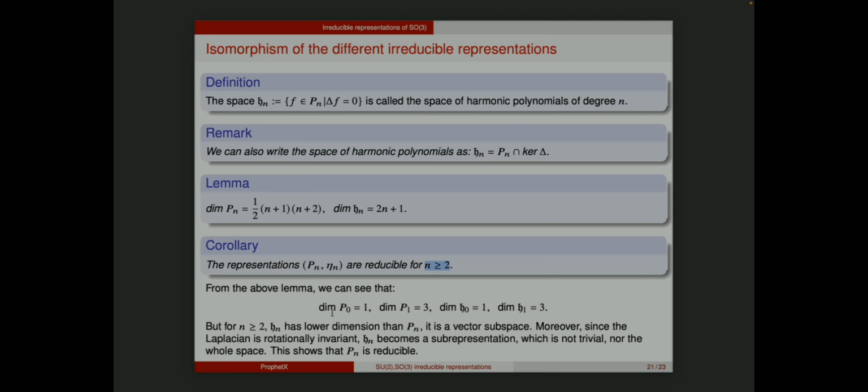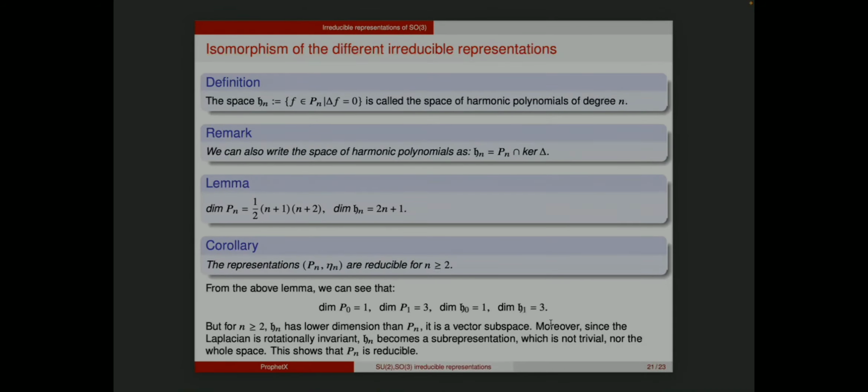So from this lemma, we have that the dimension of P0 is 1 times 2 divided by 2, which is 1. And the dimension of P1 is basically 1 plus 1 is 2, divided by 2 is 1, and times 3 is 3.